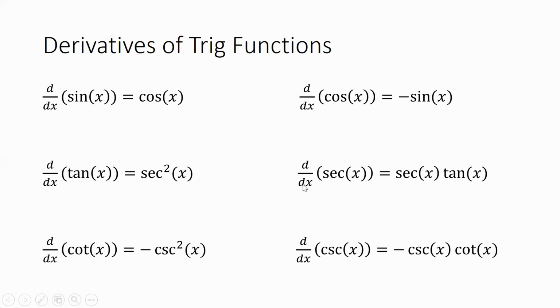Now you'll notice that the way tangent and secant work in tandem is very close to the way cotangent and cosecant work, except with cotangent and cosecant, I throw in a negative in each of the derivatives. Whereas with tangent and secant, I always have a positive 1 as a coefficient or an implied 1 as a coefficient.